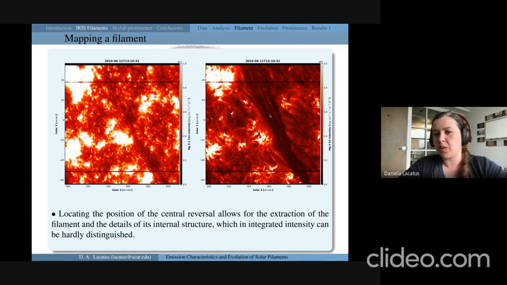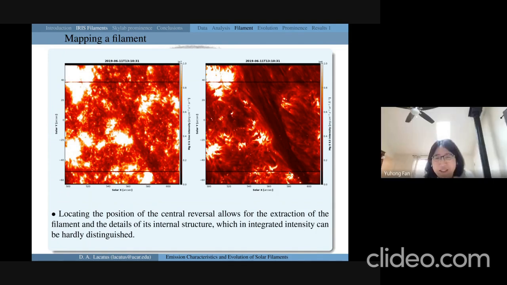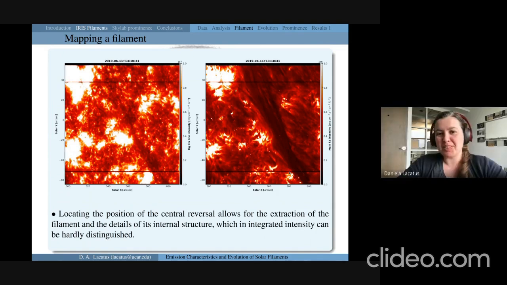But in the filament, we have flows that are going more or less in the opposite direction, that are redshifted, that are going towards the sun. But I will have to look a little bit more into that. This is really interesting. Anyway, thank you. Yeah, this was a very weird filament. That's why I was showing it.